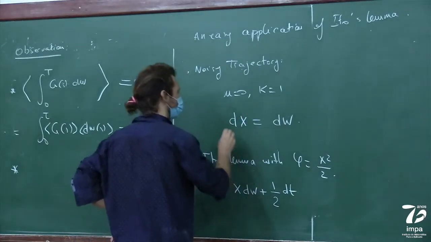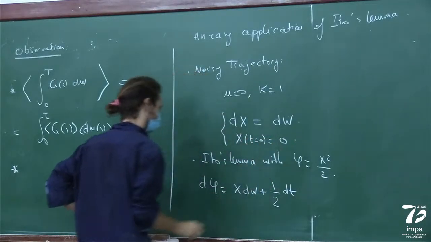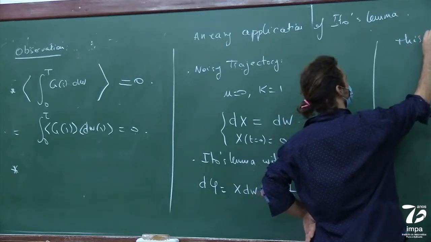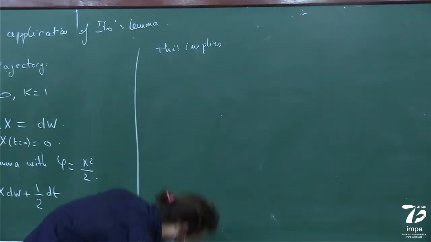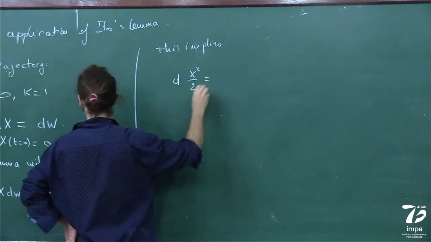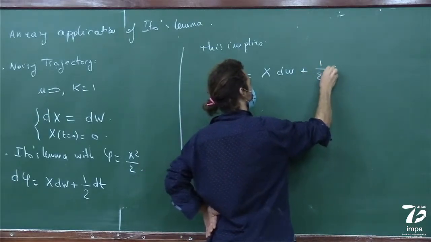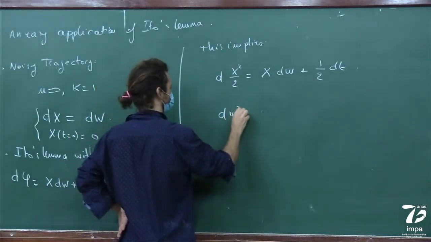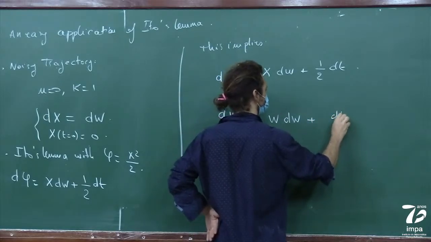Since x is omega, with x at time 0 equal to 0, d of x squared over 2 is equal to x d omega plus 1/2 dt. X is nothing but omega here, the Brownian motion.